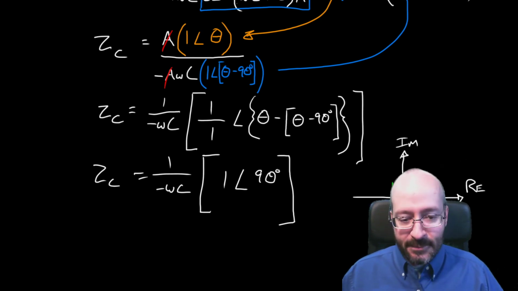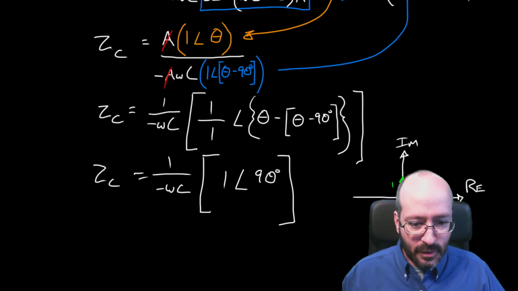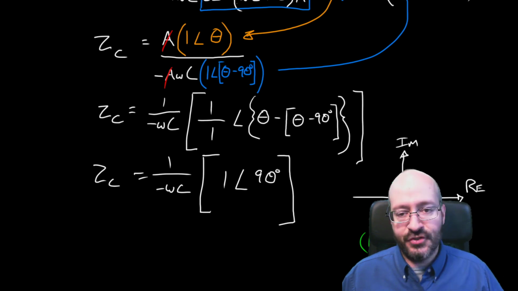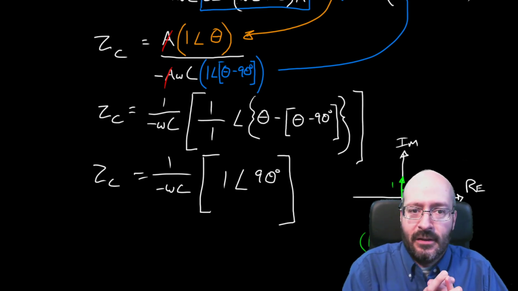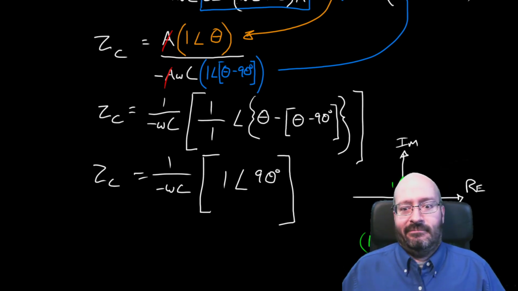So we have another name for that. We can say that 1 at an angle of 90 degrees is equal to J. Everybody else in the world is going to say I, but as electrical engineers, we use J. So that's just J. That's it.